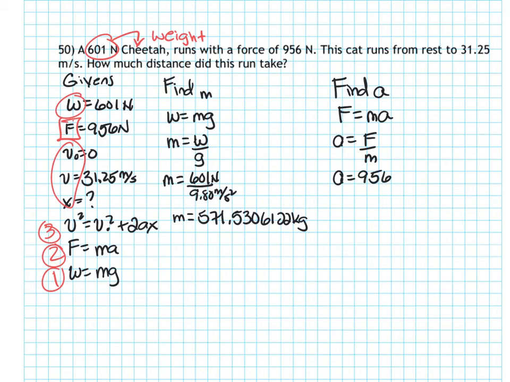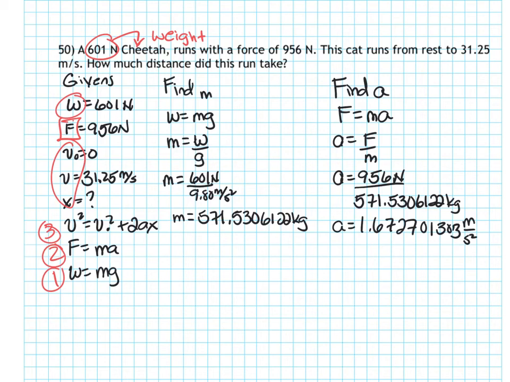So that's 956 newtons, divided by the mass of the cheetah, which I just found with all those decimal places, 571.5306122 kilograms. When I do my calculation for the acceleration, I get 1.672701303 meters per second squared.